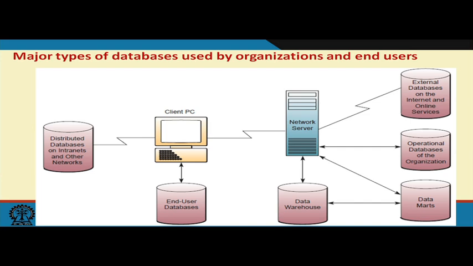Every organization has 4 subsystems: finance, manufacturing operations, sales and marketing, and human resources. If all this data is related together and combined, we call it a data warehouse.